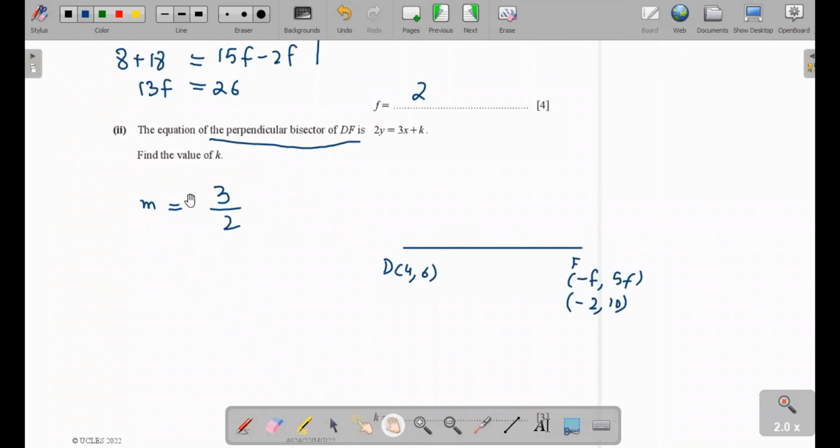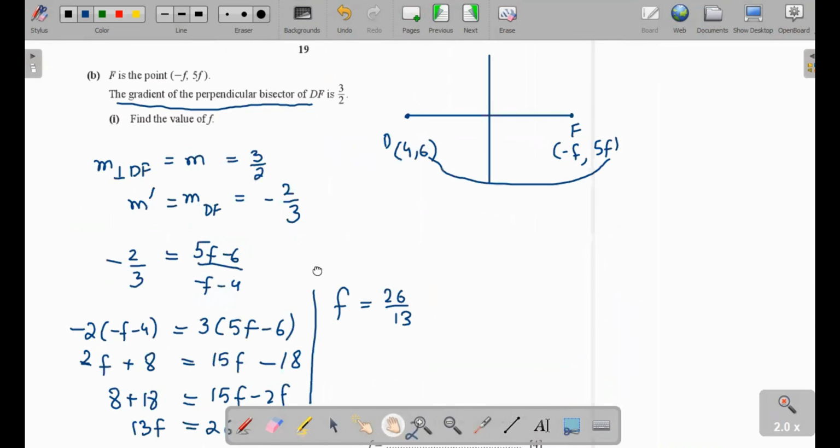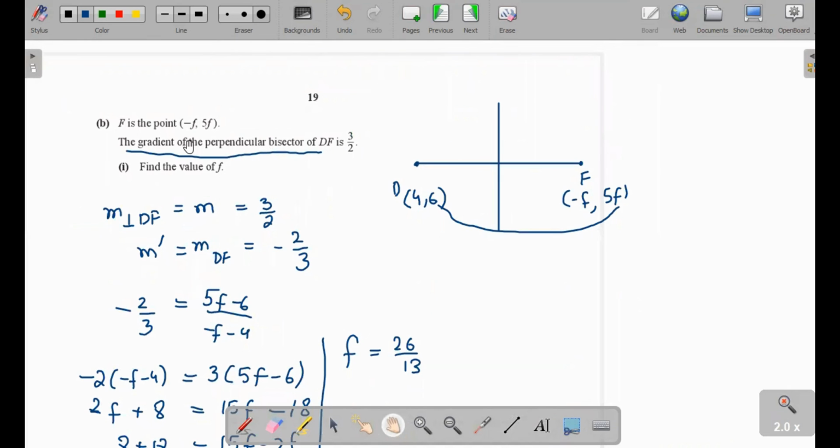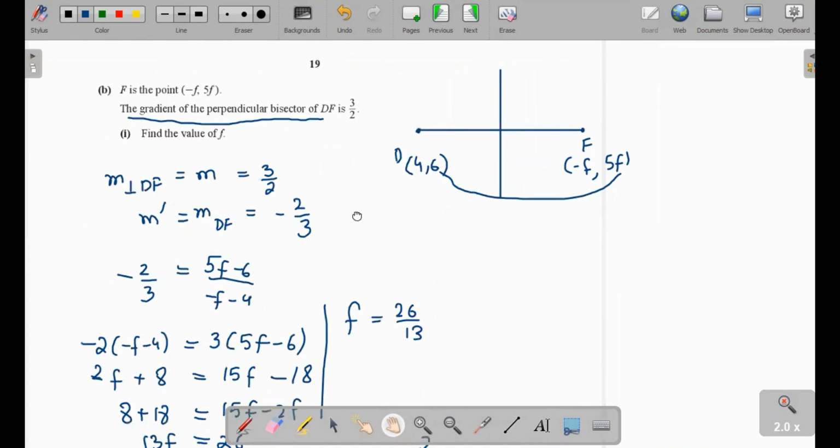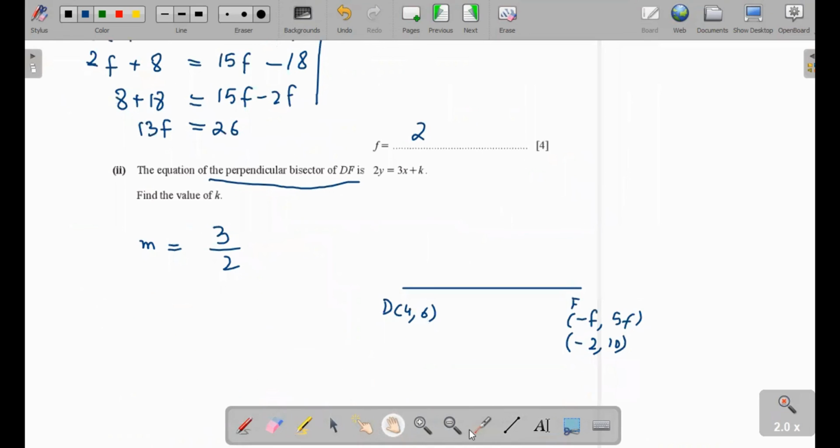Here 3 over 2 is the gradient, which is already given above. Now we have to find the equation of this line. The gradient is given as 3 over 2.